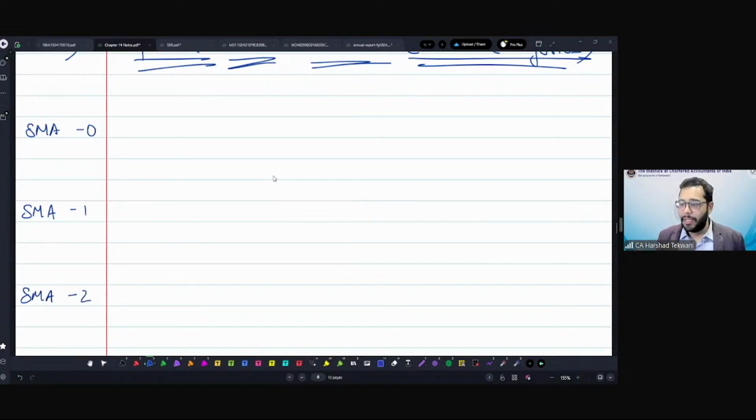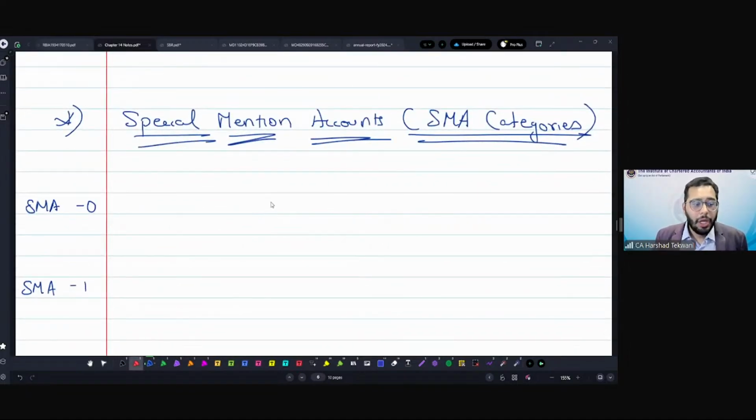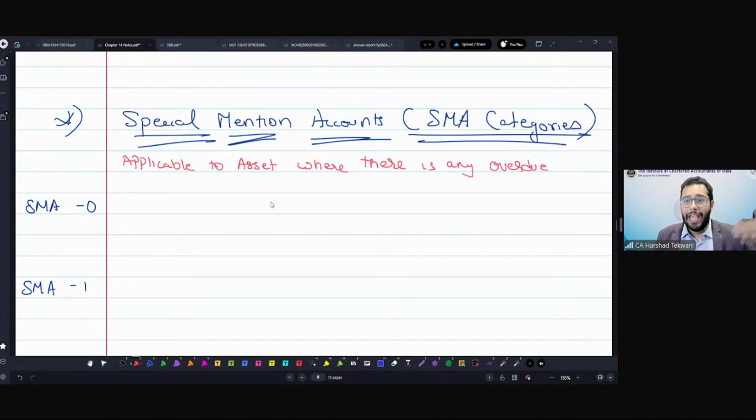These three categories are applicable to an asset where there is any overdue. Only then will I start calculating the days. Otherwise, why would I calculate days if nothing is overdue? First, let's understand this with respect to the base layer.